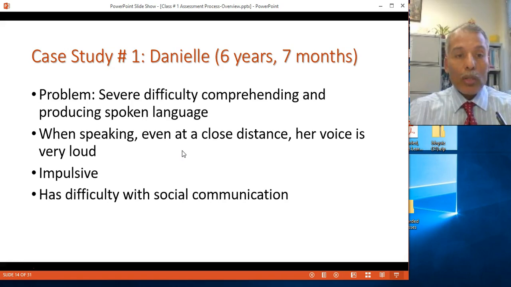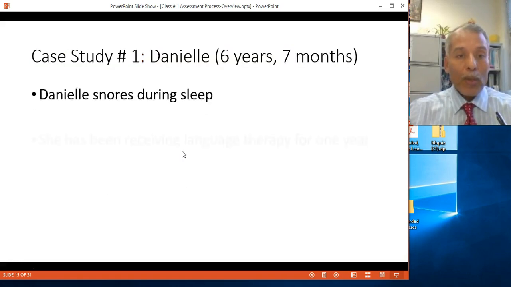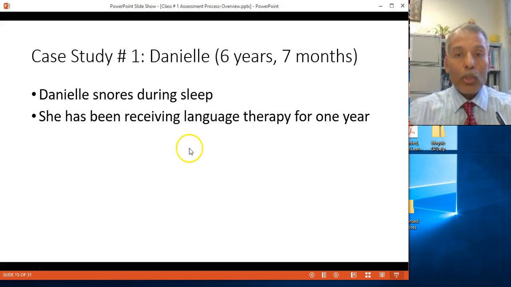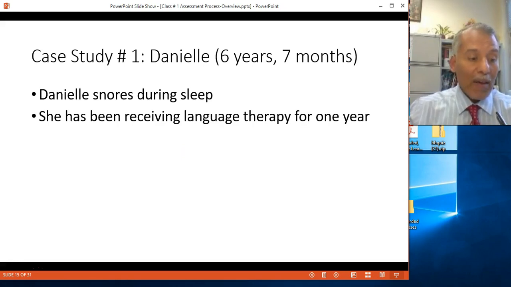And also, it will show you that the progress that's expected is not going to be the same. If we knew she did not have treatment at all, then she would be more likely to show some improvement, because you are giving her new skills she didn't have. But you have given her skills for a whole year, and she hasn't achieved as much, and the problem is still severe. So that is going to change your perspective on the situation that you have.